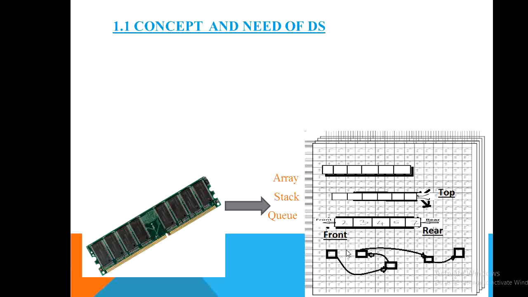So array is a data structure, stack is a data structure, queue is also a data structure, and linked list is also a data structure, because these are the different ways, the particular formats and frameworks, for organizing and storing the data in computer memory, so that this data can be retrieved in an efficient way.